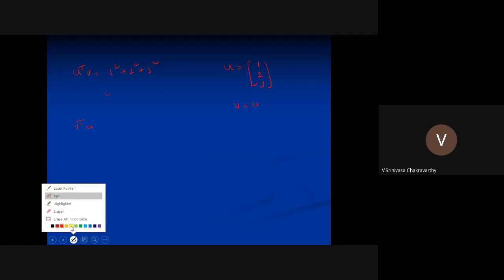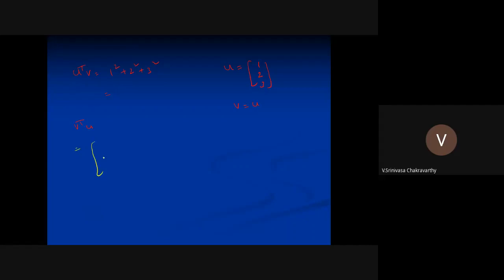Whereas the outer product will be 1 times 1, 1 times 2, 1 times 3, 2 times 1, 2 times 2, 2 times 3, and 3 times 1, 3 times 2, 3 times 3. So that's your outer product matrix.